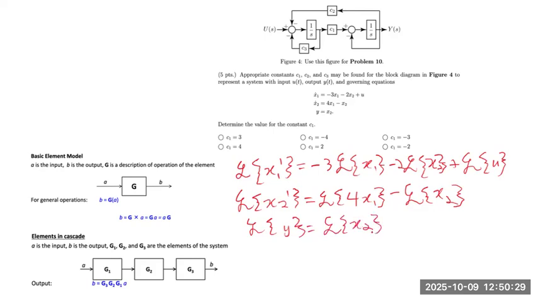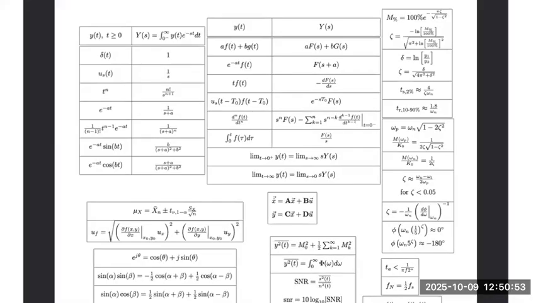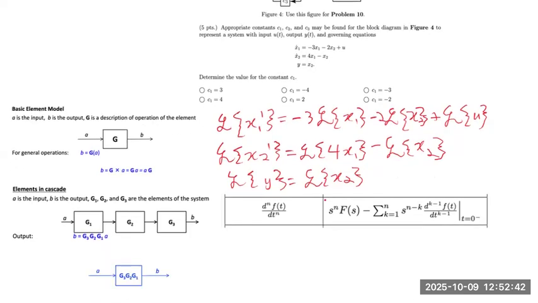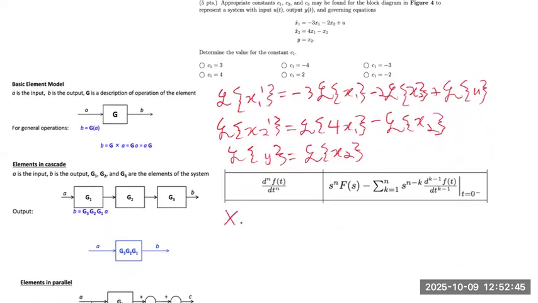Now let's look at our Laplace formulas in order to know what this is equal to. So here are our Laplace transform equations. We'll be using specifically this equation over here. So let's go back to our problem. As you see, the Laplace of the first derivative, s to the power of n with n equal to the first power, so we are going to have x1(s) times s to the power of 1, and then minus the initial condition.